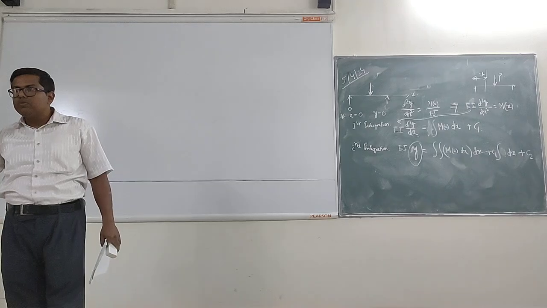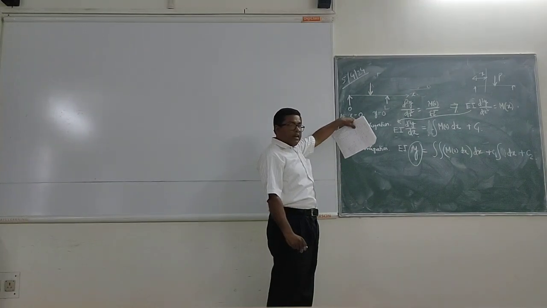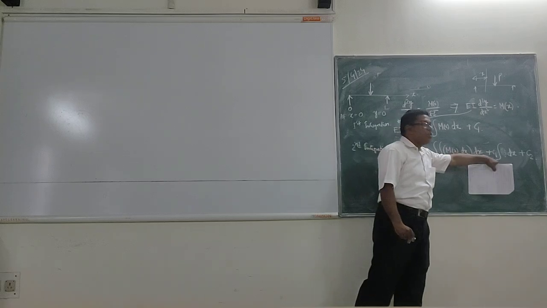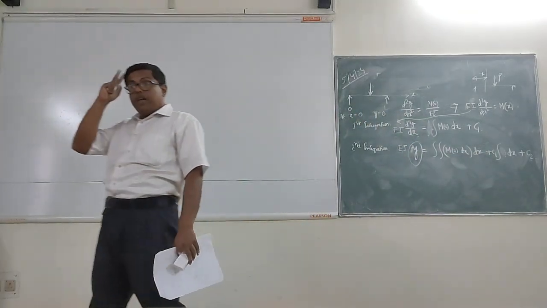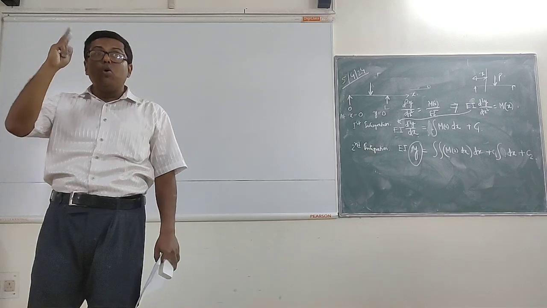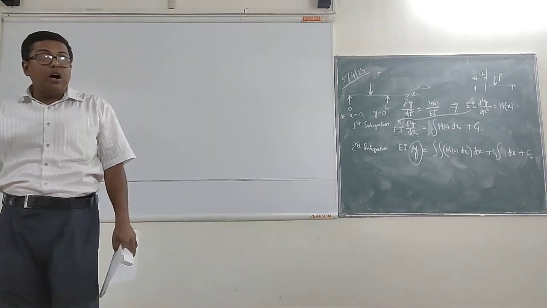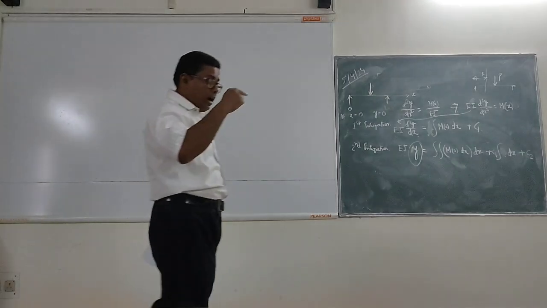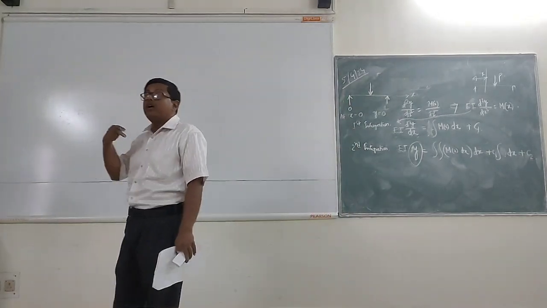Have you understood? And what will be the next? With one boundary condition, you can get the value of C1. But still you require another boundary condition because you have two unknowns, C1 and C2. To find out the other unknown, C2, you require another boundary condition.